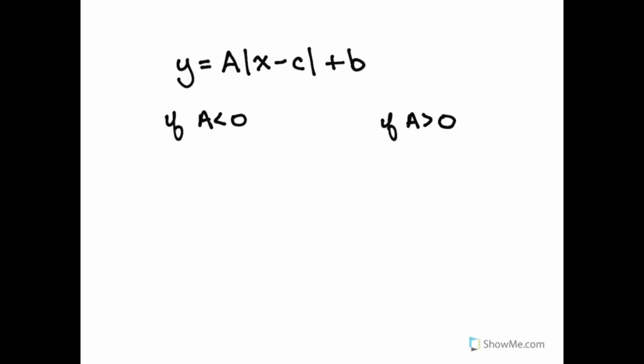So in general, if I have an equation, a times the absolute value of x minus c, and then b added, I'm going to have a facing down V if a is less than 0, a facing up V if a is greater than 0, and it has slope a on the right-hand branch and slope negative a on the left-hand branch.